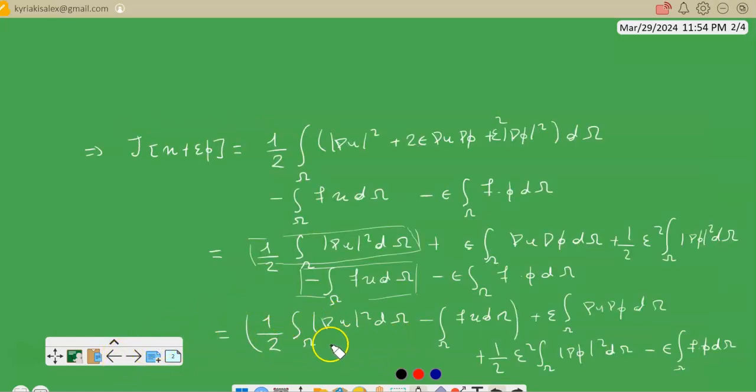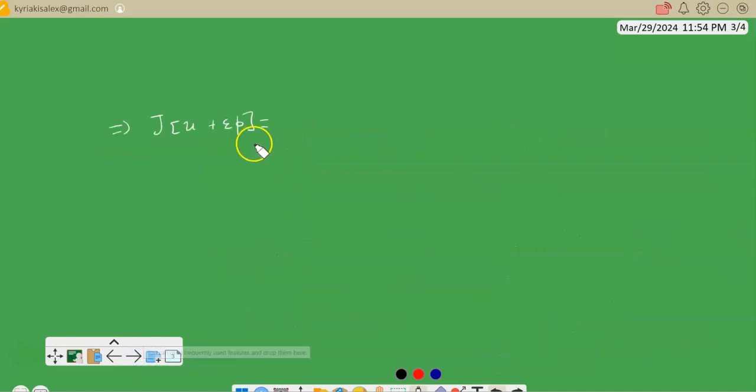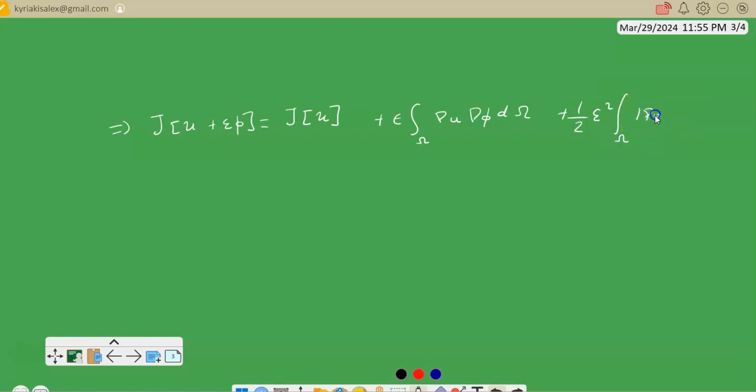This bit here is the Dirichlet energy functional J of u. And I just put here the rest of the terms. I take this term to the left-hand side.